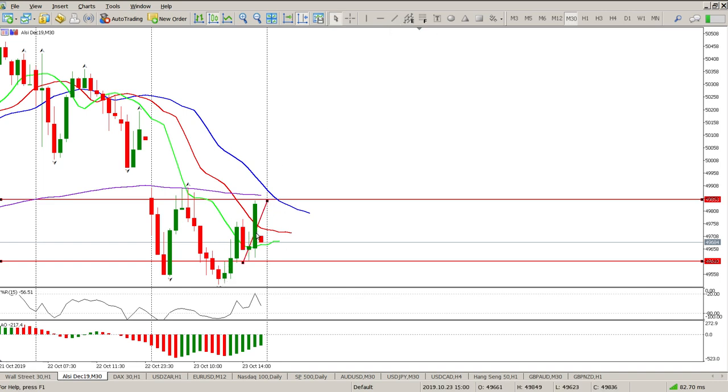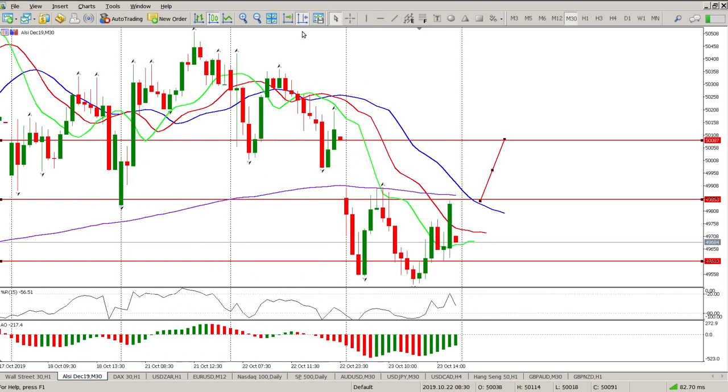I'll put these two levels in here, so that would give us that level there.